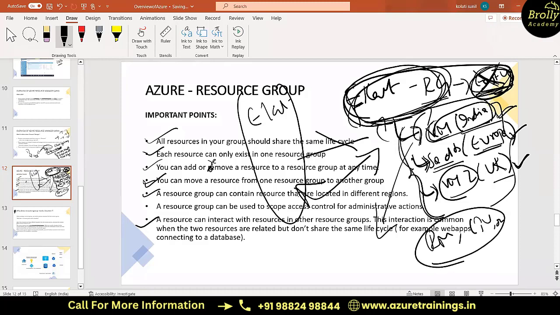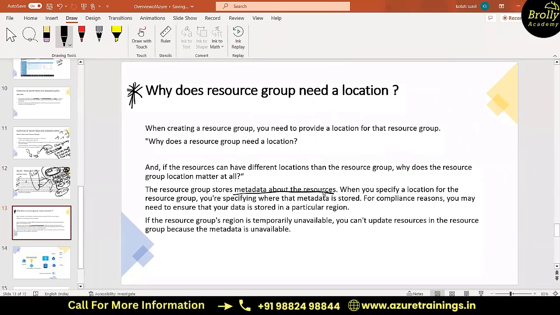All this data about the VM is stored in the East US location. Similarly, data about the SQL database is stored in East US. A resource group stores metadata about the resource. When you specify a location for the resource group, you are specifying where the metadata is stored.